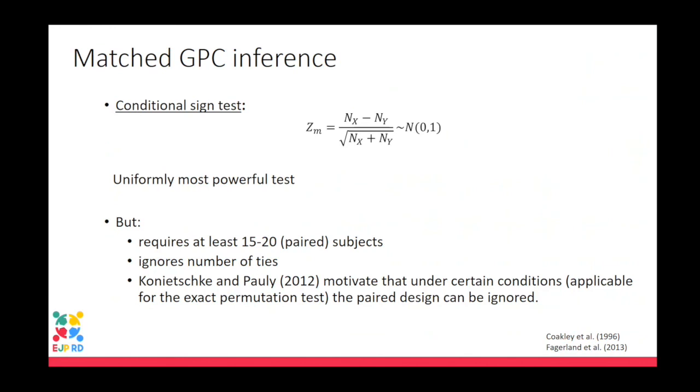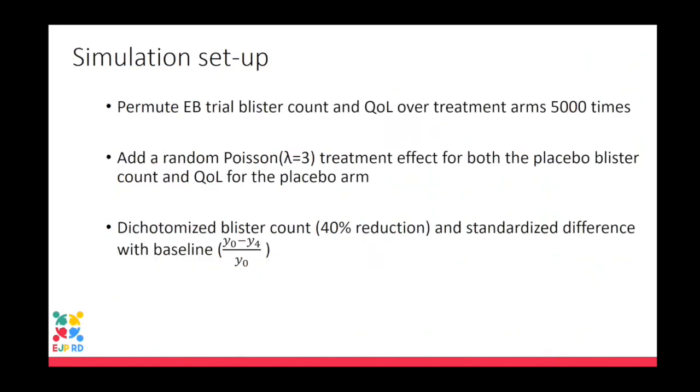In fact, it also ignores the number of ties, and Konietzny and Pauly motivate that under certain conditions, where the exact permutation tests are applicable, you can just ignore the pair design and your test is still valid. So in fact, we may not need this matched GPC in the end at all.